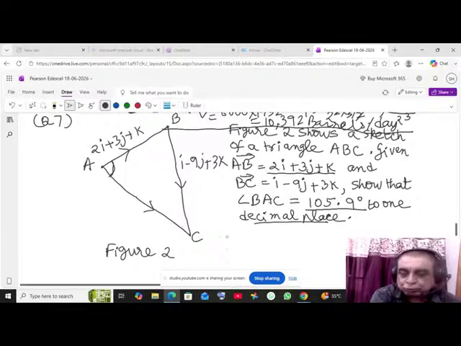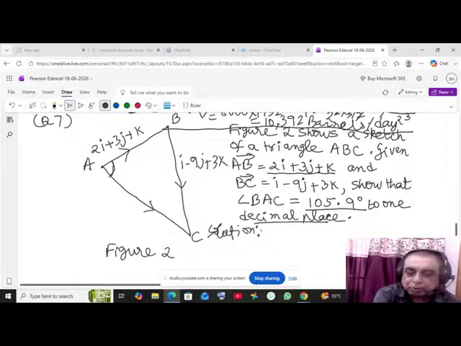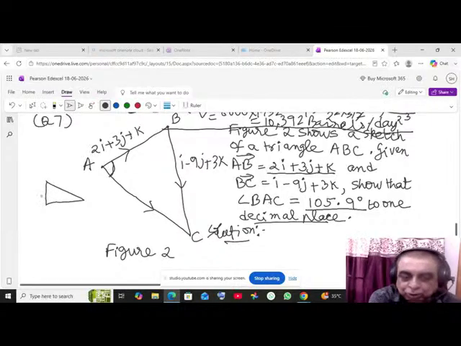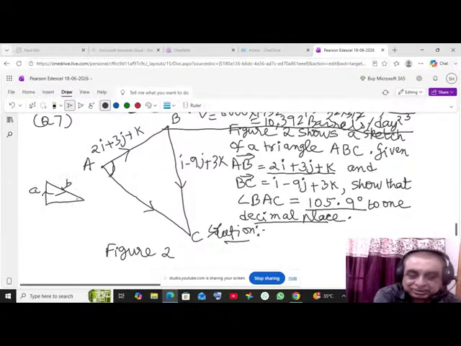The vector AC is the sum of these two vectors, because of the triangular law of addition of vectors: if one side is denoted by A and the other side by B, then this is the initial point and this is the terminating point.